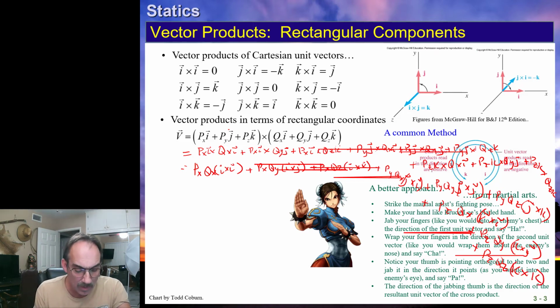Okay? Now we already know when we take the cross product, I cross I is 0, and so this term is gone.